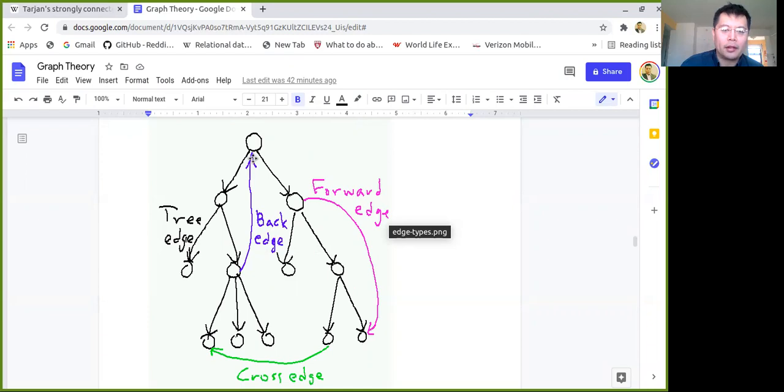The yellow one is a cross edge because neither of the two vertices is an ancestor or descendant of the other. This one is a forward edge.